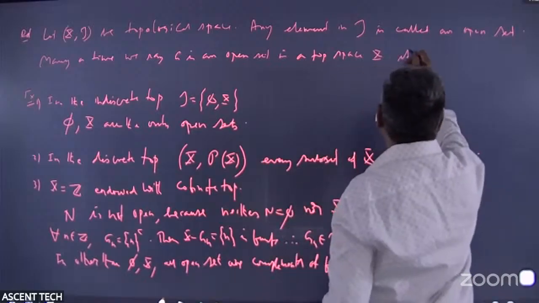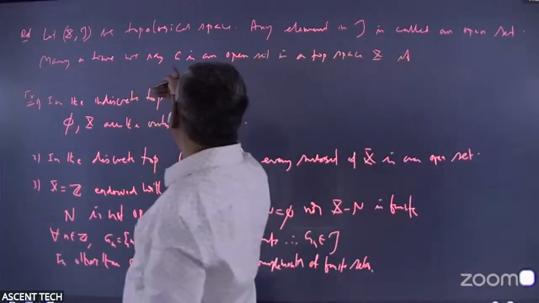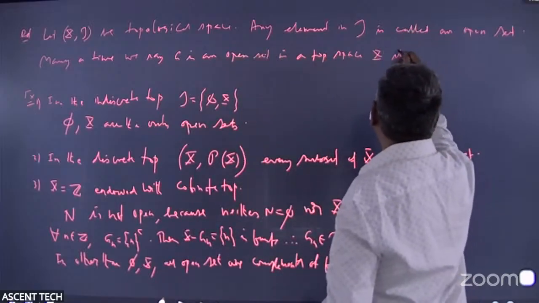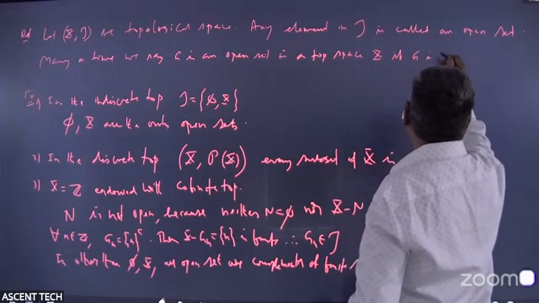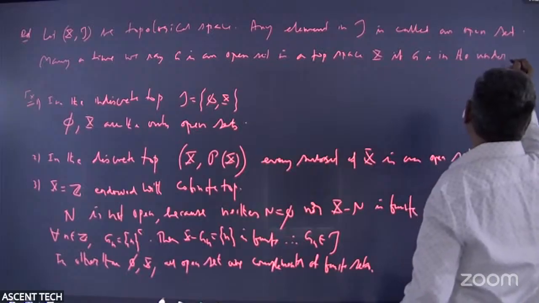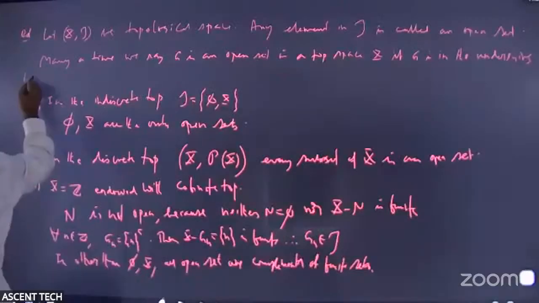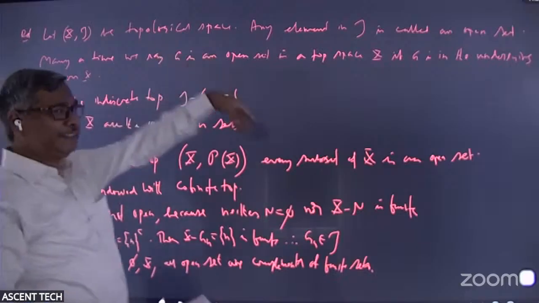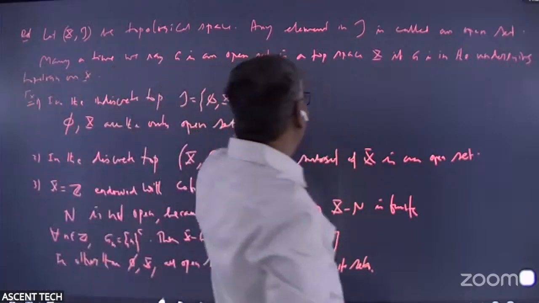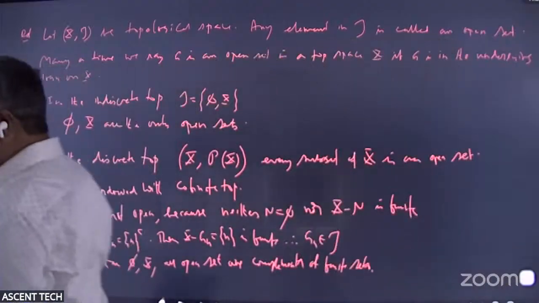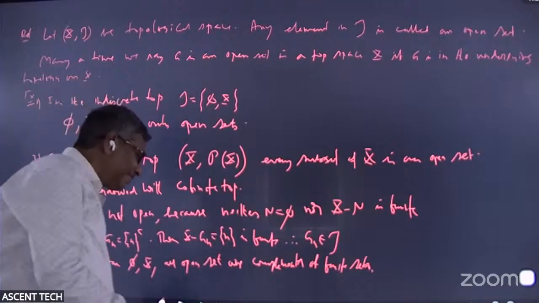We say G is an open set in topological space X if G is in the underlying topology on X. Actually, I didn't want to write all that. I just say open set in X. But what does open set in X mean? It is in the topology T. That's what open sets are for us: members of T are called open sets.